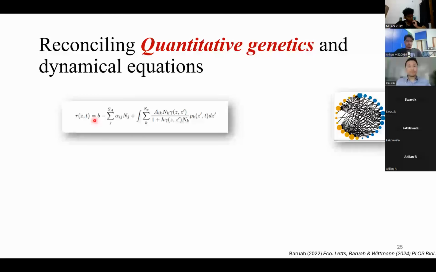So B is the rate of growth independent of this phenotype. And this term captures the competition that this phenotype faces from other pollinators. And this term is the mutualistic interaction. So basically, how well this particular phenotype is able to interact depends on how similar it is to a plant phenotype.